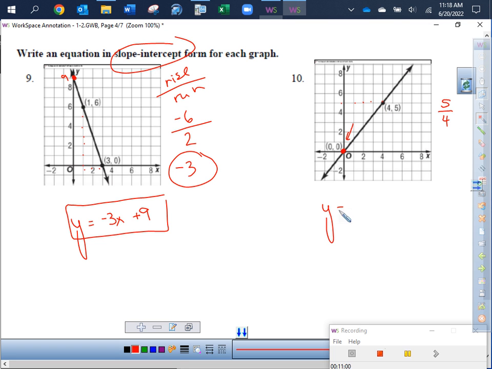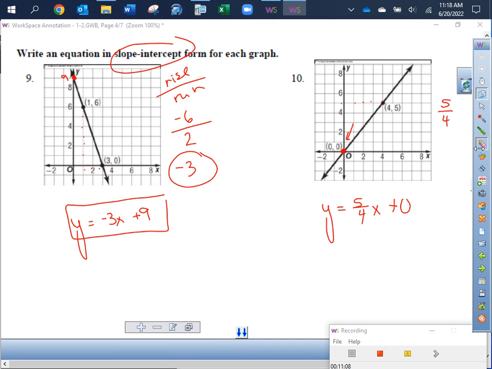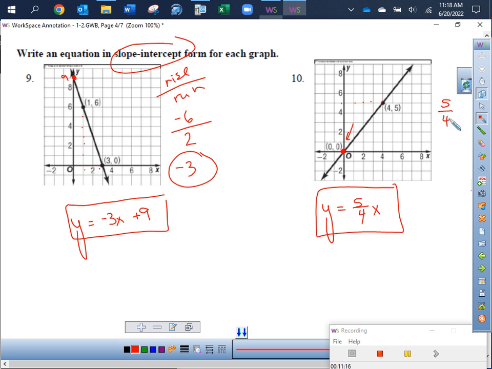We will do y equals our slope times x plus the y-intercept, which is 0, but I'm not going to write plus 0. I think that's very mathematically immature. If it's plus 0, we just leave it off. So there she is. We did not need to use point-slope form because we had all the ingredients needed for slope-intercept form. We had the slope by counting, and we had the y-intercept by looking.